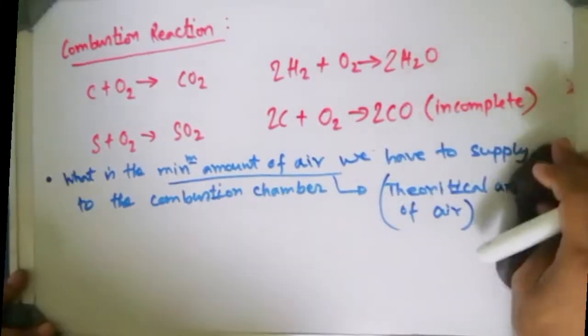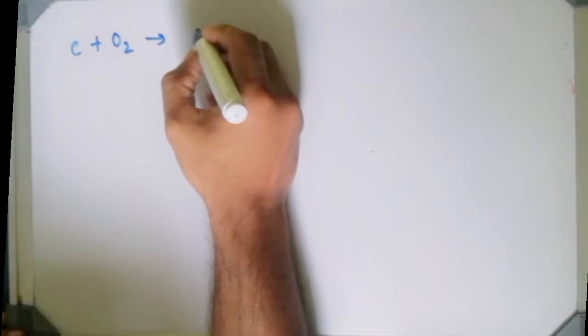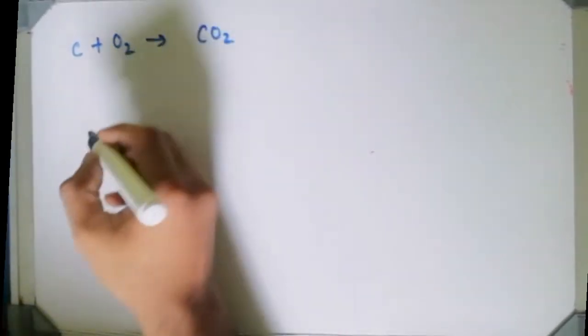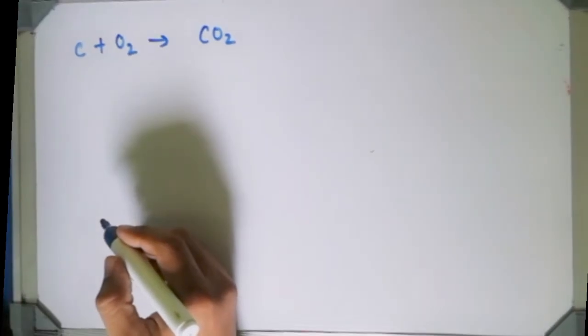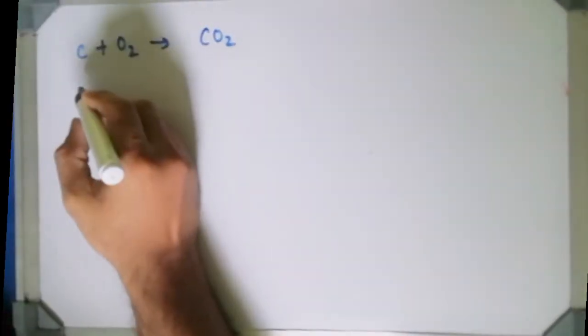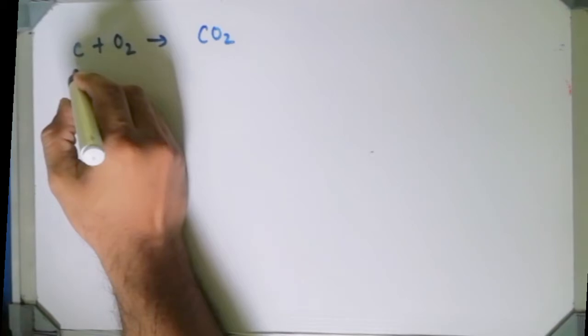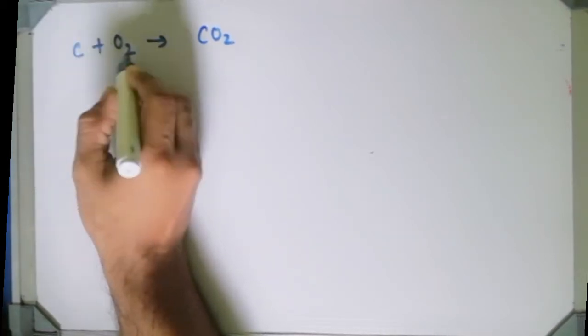So I am removing everything just to use the full board. First concentrating on this equation, C plus O2, it will form CO2. Now just recall your memory to get the molecular weight, or you can say molar mass, for every atom.